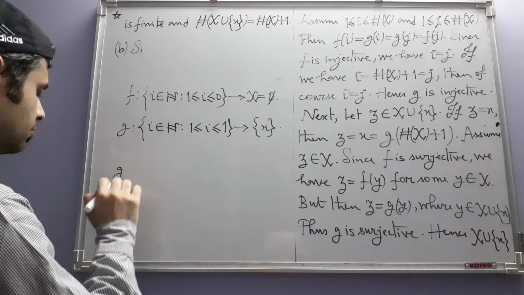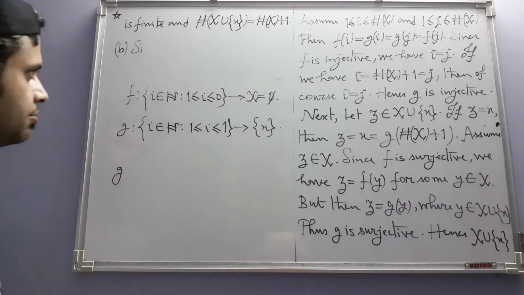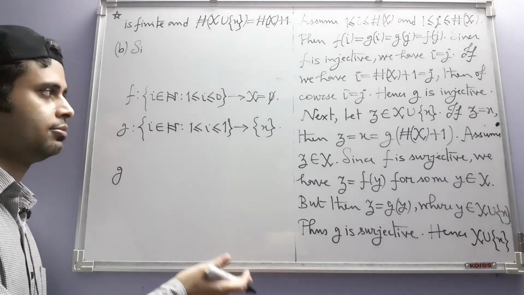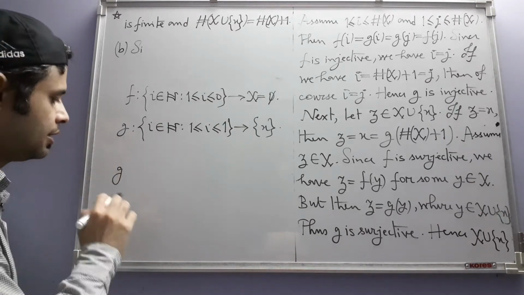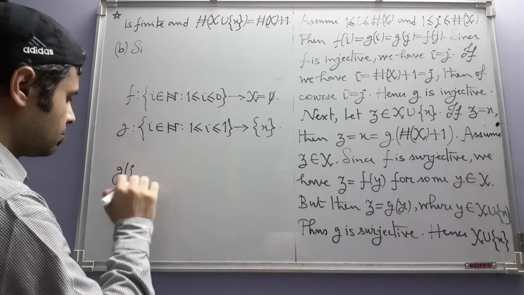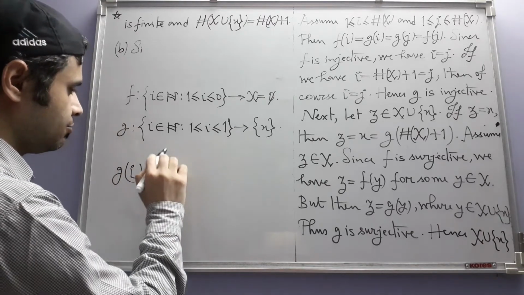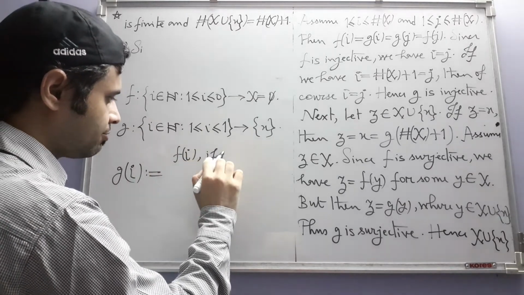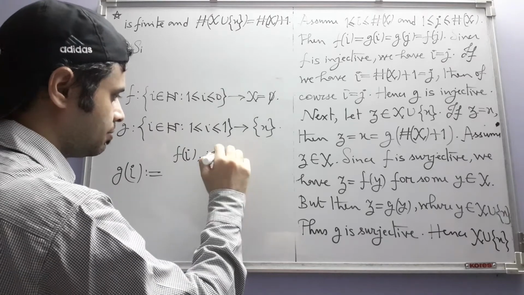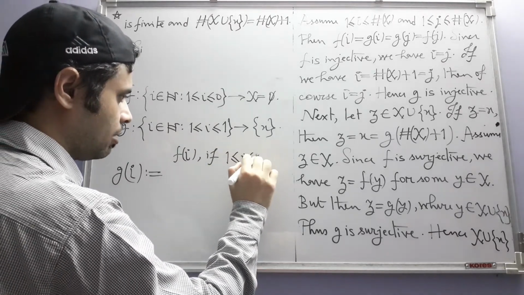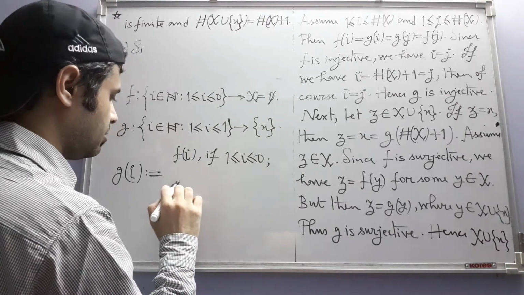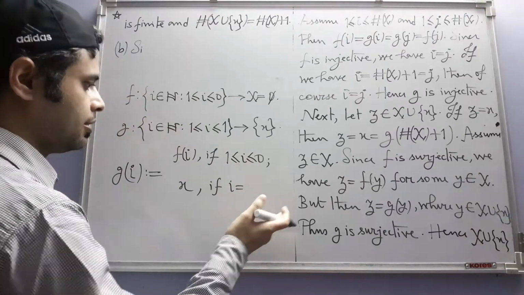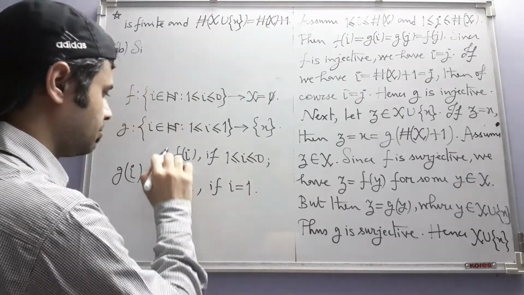Now what will be g? According to our definition, on this set g is f. That means if I specifically write the definition itself, then it is f of I if I lies between 1 and 0, and it is equal to x if I is equal to cardinality of x plus 1, that is 1.